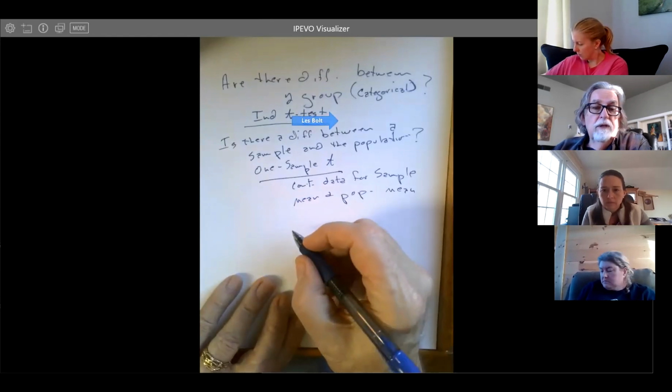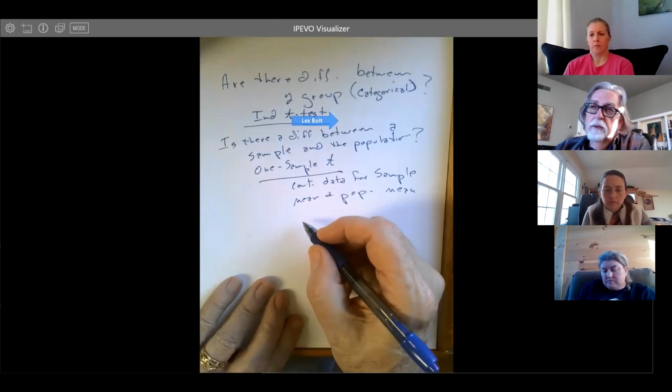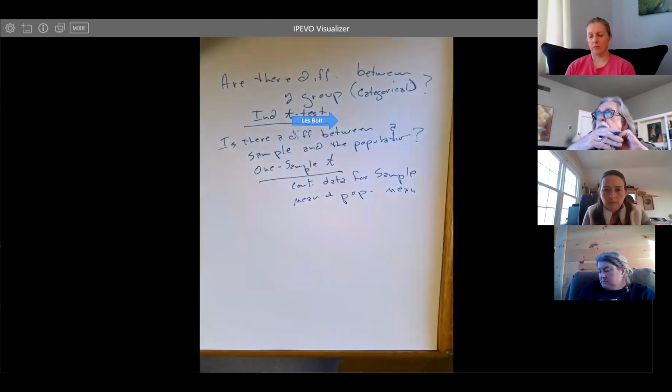And so remember, sample means, if we're talking about them in terms of instead of X values and things like that, samples are generally expressed in terms of Roman letters, and populations are generally expressed in terms of Greek letters.